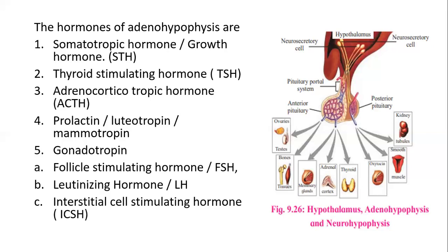The follicle stimulating hormone and the LH, that is luteinizing hormone, they are responsible for the stimulation of ovaries to produce the estrogen, while the LH induces the ruptured follicle to develop into corpus luteum and for the production of progesterone.